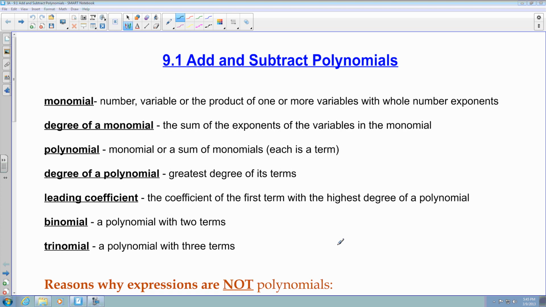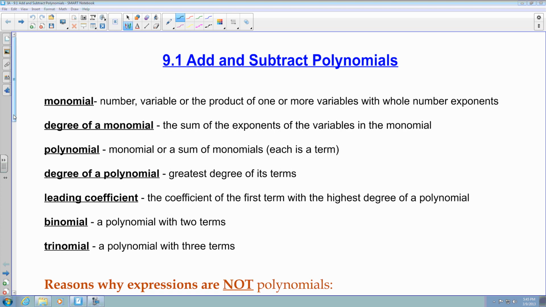Well, the lead coefficient is that number that is attached to the variable that has the highest degree. Binomial means it's a polynomial with 2 terms, and trinomial is a polynomial with 3 terms. A lot of this will make a little bit more sense when you start seeing problems and when we're dealing with solving these problems in particular expressions.